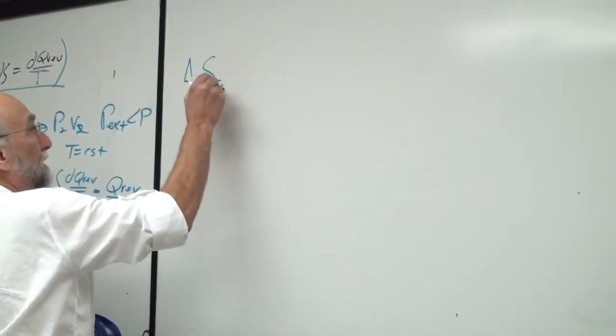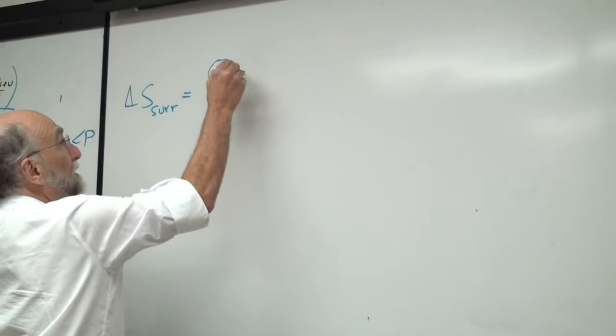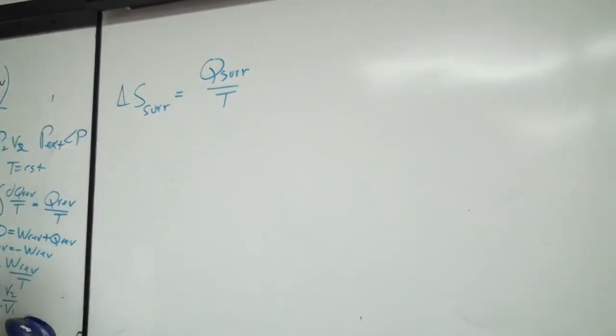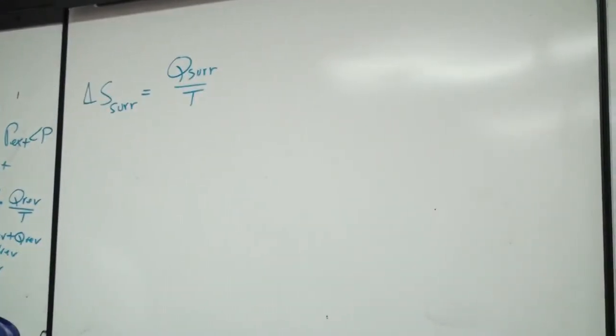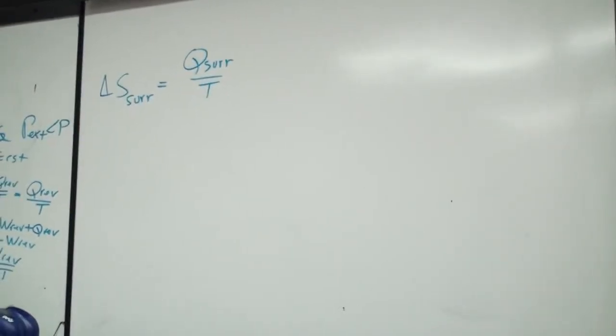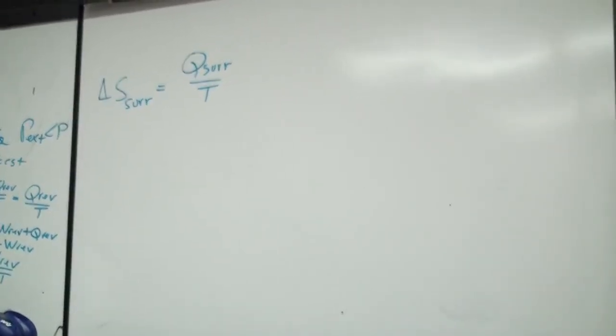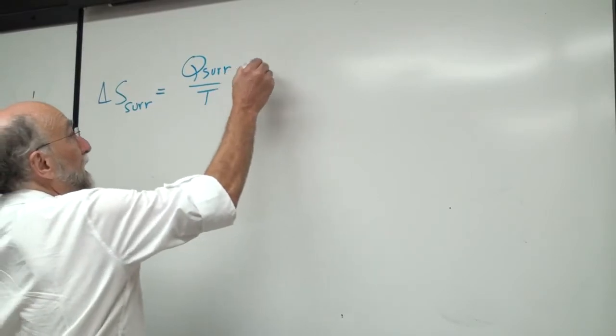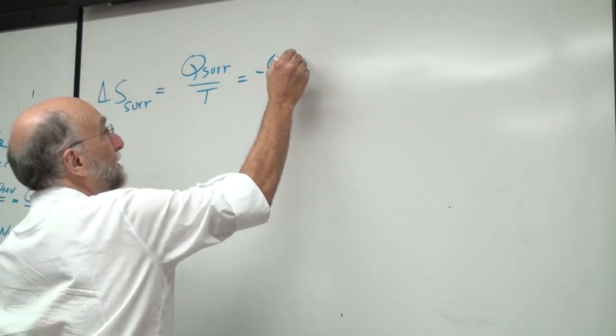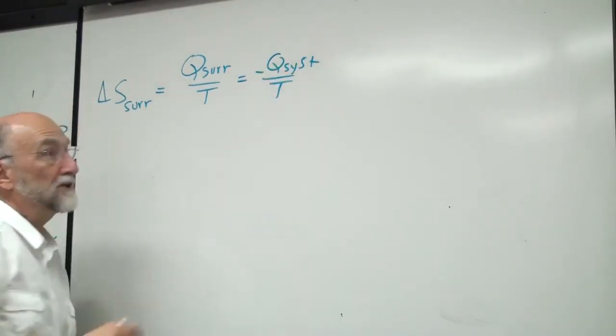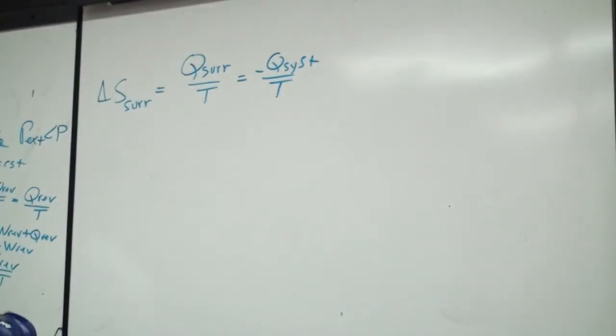Delta S of the surroundings equals, well, if delta S of the system is dq reversible over T, delta S of the surroundings is q of the surroundings over T. You consider the surroundings like the system, so the entropy change of the surroundings is q of the surroundings over T. Q of the surroundings is minus q system over T. The heat absorbed by the surroundings is the heat lost by the system.